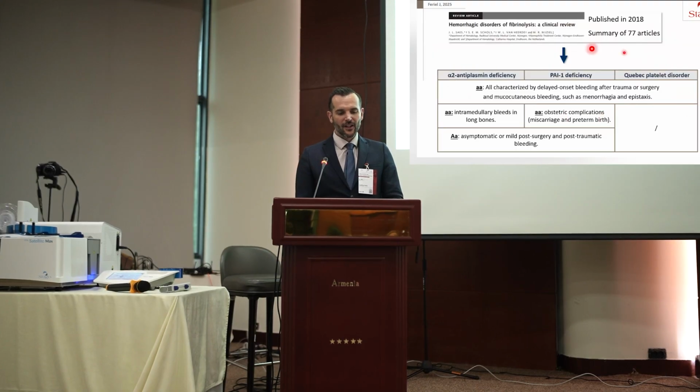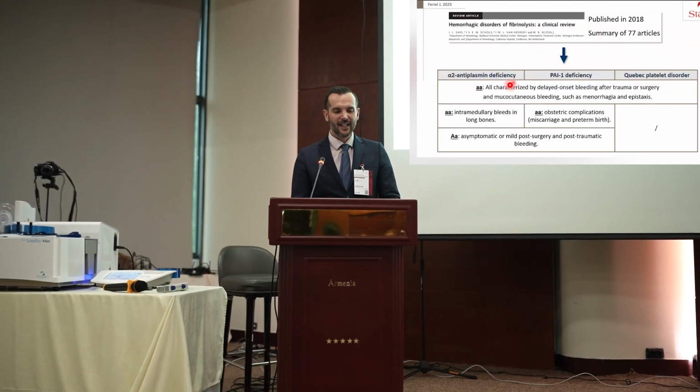The characteristic of these two disorders, alpha-2 antiplasmin deficiency and PAI1 deficiency, is that they are both characterized by delayed-onset bleeding after trauma or surgery and mucocutaneous bleeding, such as menorrhagia and epistaxis.